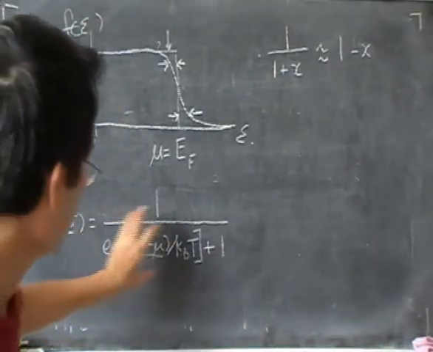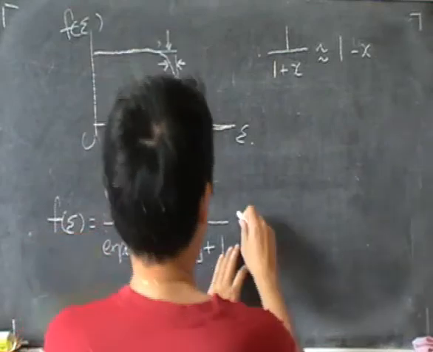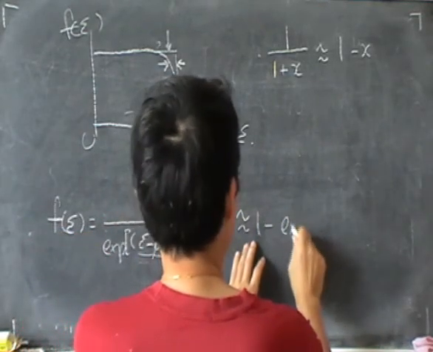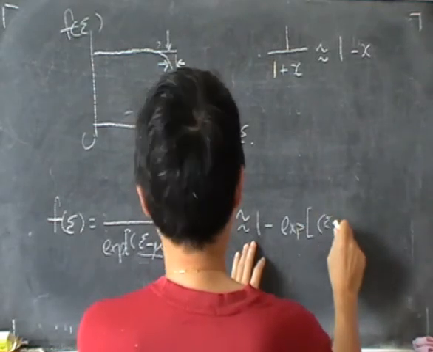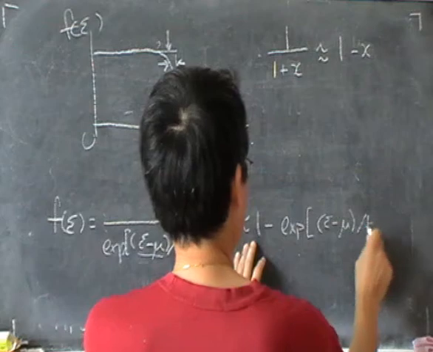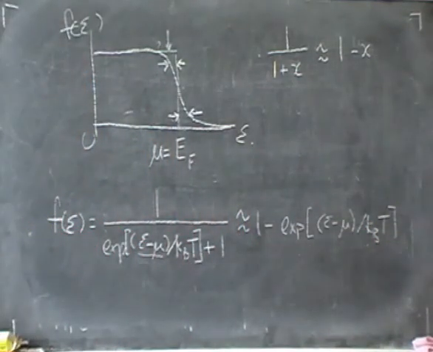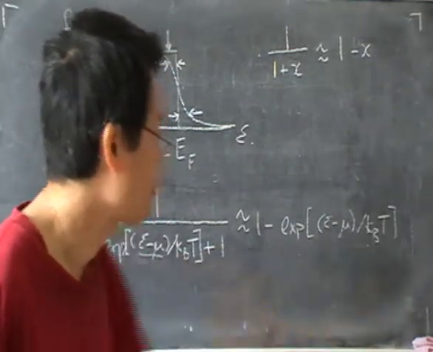So this becomes quickly very small, and therefore I can use this approximation to say that this is approximately 1 minus exp[(E minus mu) over k_B T]. So I have a slightly simpler expression here, just 1 minus this.